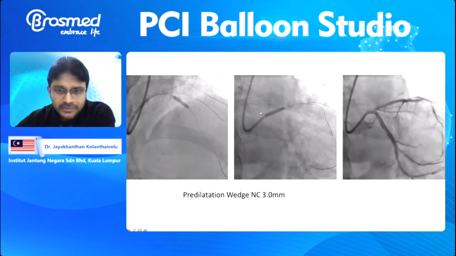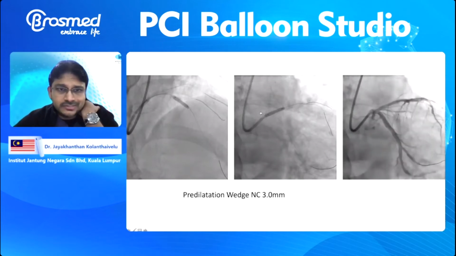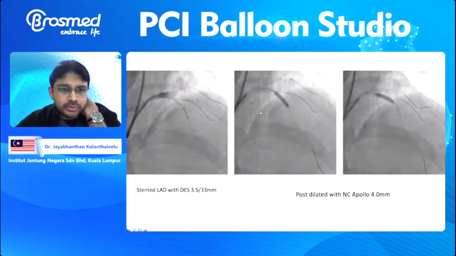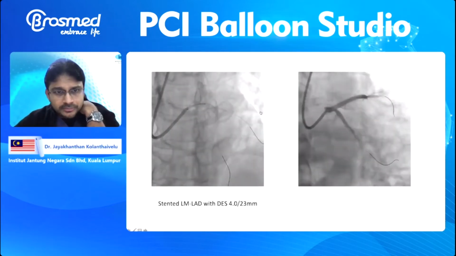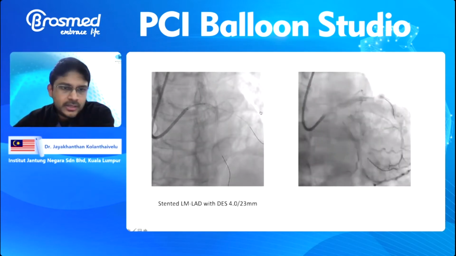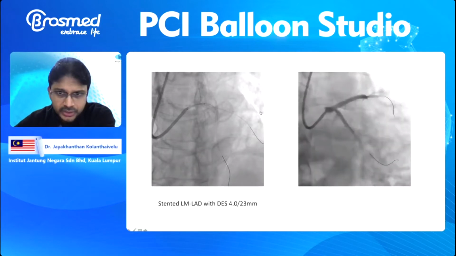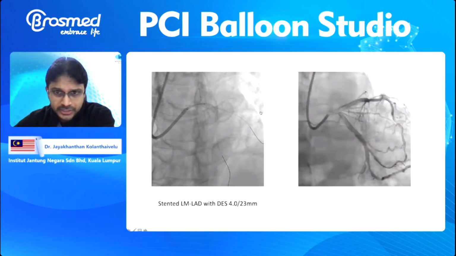On IVUS it's actually a very large vessel, 3.5, 4.5, and a 5.0 left. So initially we put in the 3.5, the 3DS, as opposed to the 4 Apollo. And then this is the immediate result.